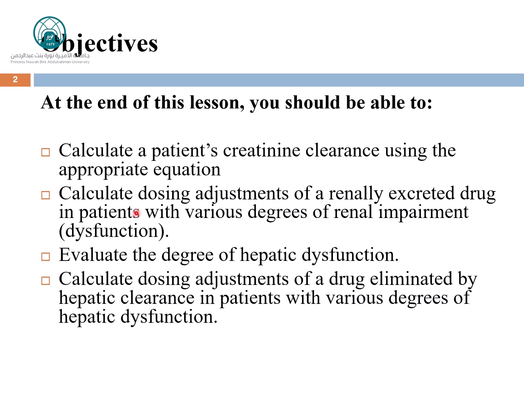So we will discuss first the renal impairment and the dose adjustment in renal impairment patients. Then we will discuss the hepatic dysfunctionality and the dose adjustment in it. So you should be able to calculate the dose of a drug eliminated by hepatic clearance in patients with various degrees of hepatic dysfunction.